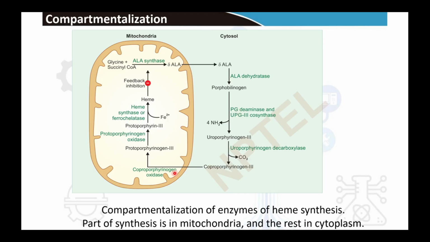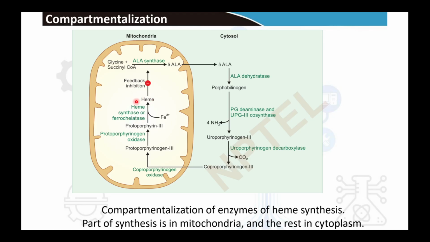After this, again the reactions occur in the mitochondria. So protoporphyrinogen 3 formation and the protoporphyrin 3 formation occurs in the mitochondria, and the ferrochelatase, if you remember, I told you that enzyme is also present in mitochondria. So the iron or the ferrous ion insertion in the protoporphyrin occurs in mitochondria.